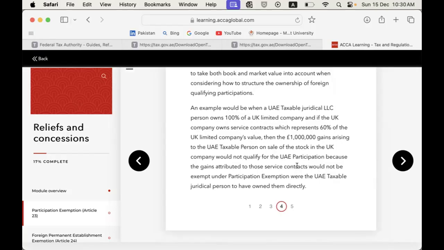If the UAE company was holding these service contracts directly, then it would be taxed. So it's a kind of a way to avoid tax. That is why this participation exemption would not be available. I hope this point was clear.